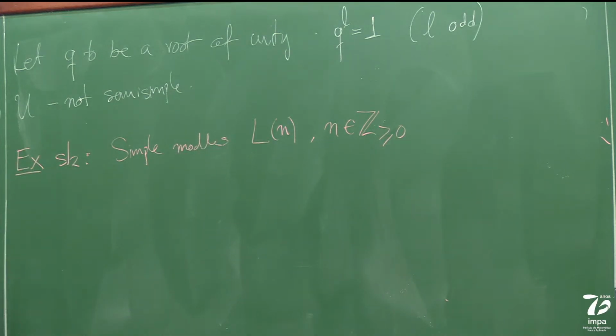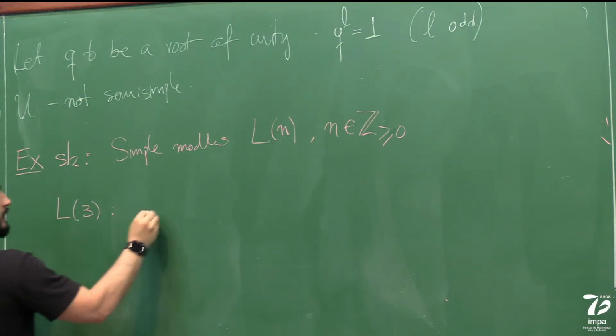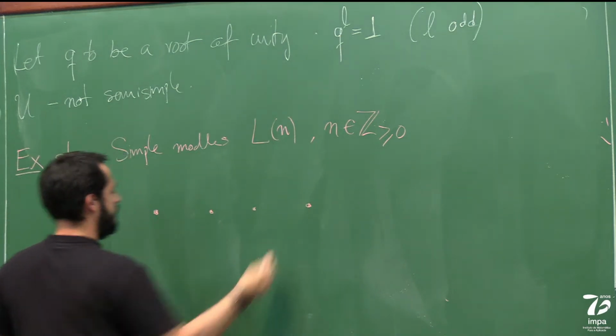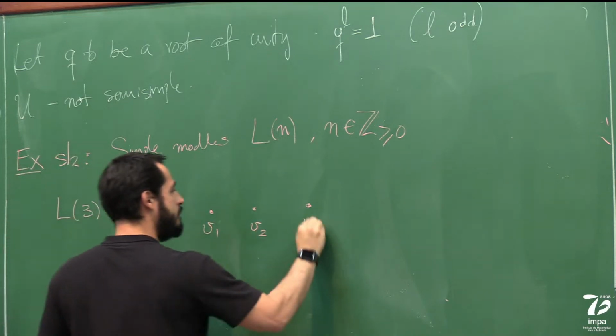These are all the simple modules. For example, let's say L3. Who is L3? It's a 4-dimensional module, with basis B0, B1, B2, B3.